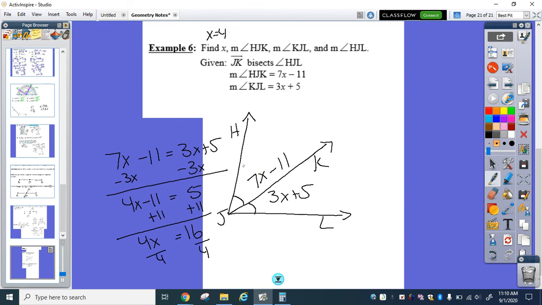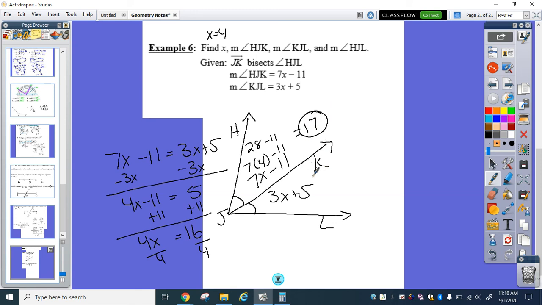Well, if x equals 4, then 7 times 4 minus 11. Well, 7 times 4 is going to get me 28. 28 minus 11 is going to give me 17. Brain went blank for a minute there.